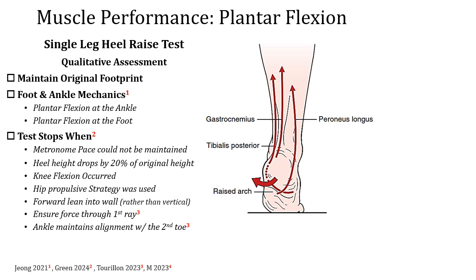You're not looking for compensation from the tibialis posterior or peroneal muscles. And then the ankle maintains alignment with the second toe pointed due north, or perpendicular to the wall.